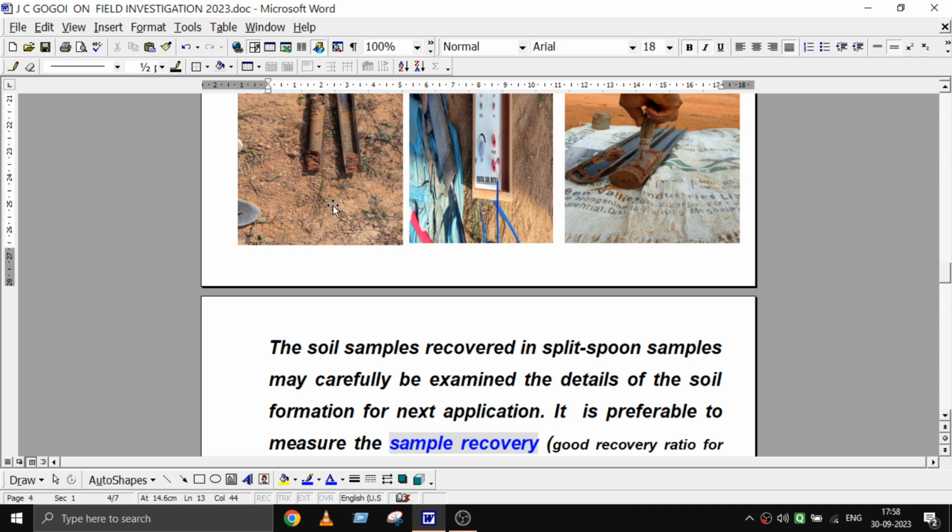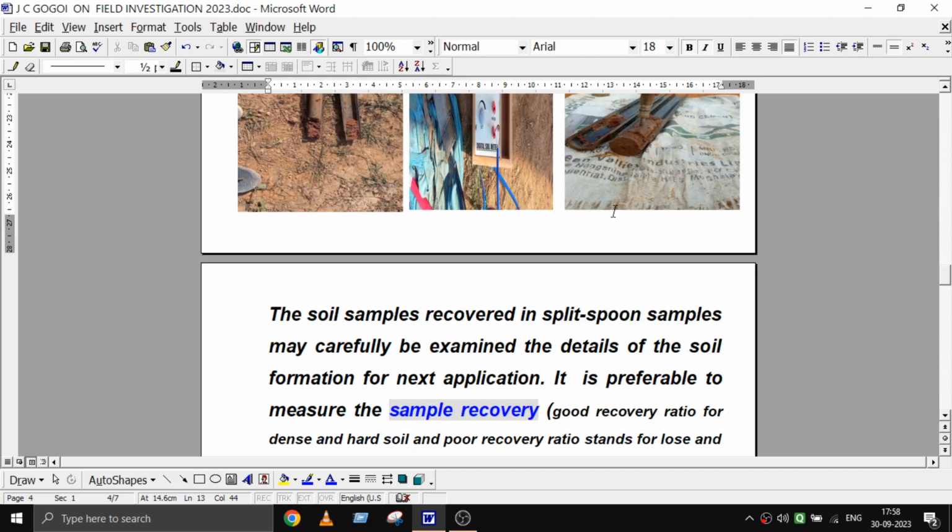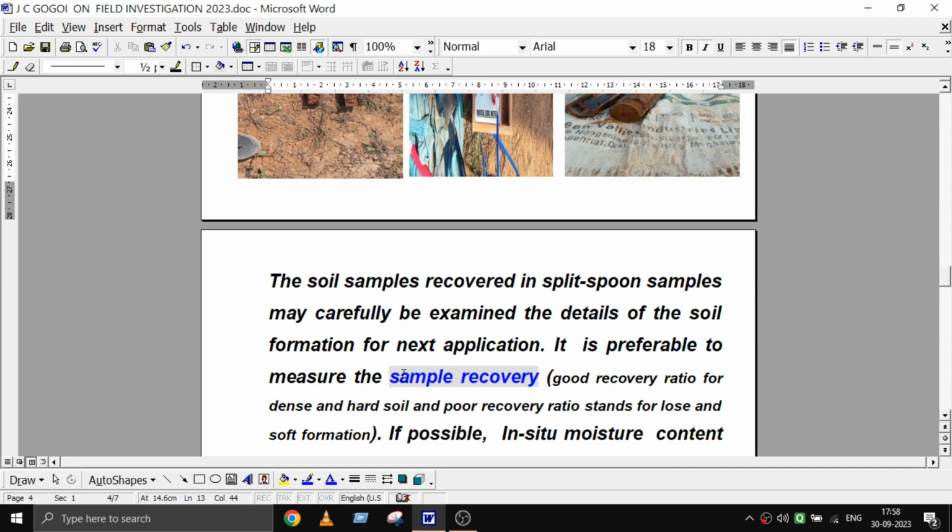Very soft soil, it shall be 70%, 50%, like that. So recovery is very important information for interpretation. A good recovery ratio stands for dense and hard soil, and a poor recovery ratio stands for loose and soft formation.